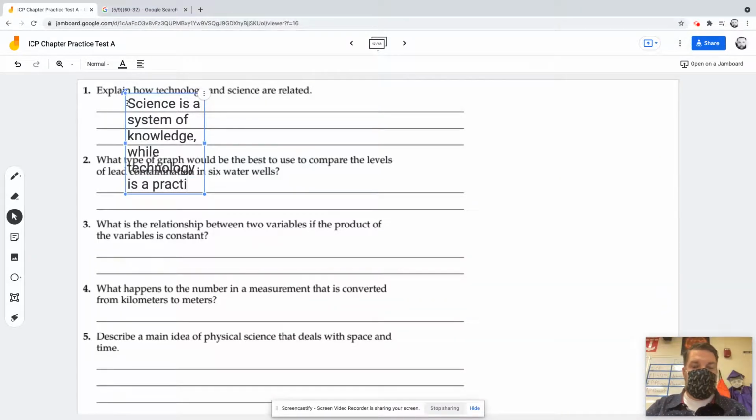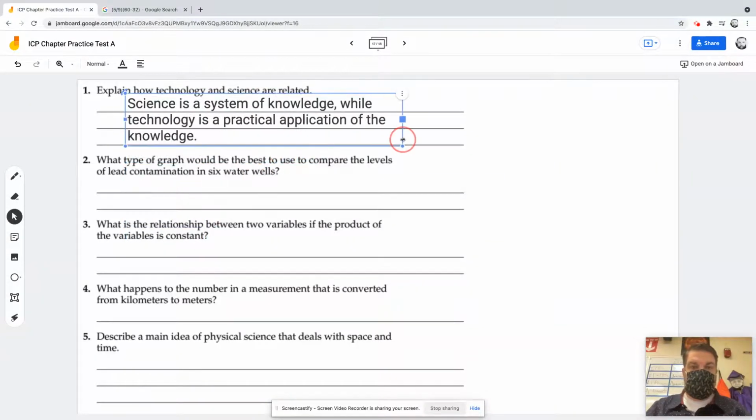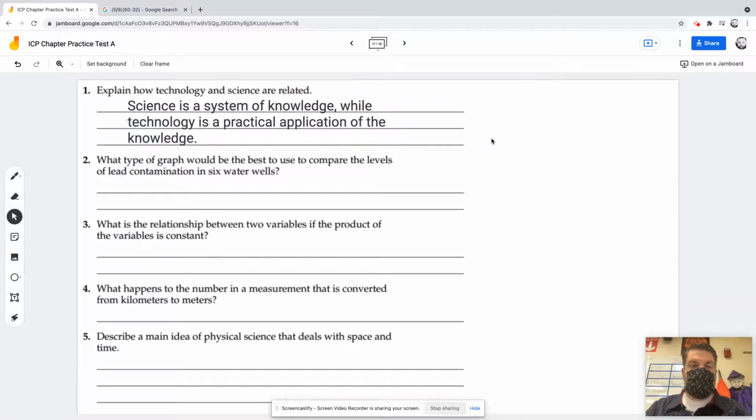I'll make it where you can see it better in a second. Application of the knowledge. So science is a system of knowledge, while technology is a practical application of the knowledge.